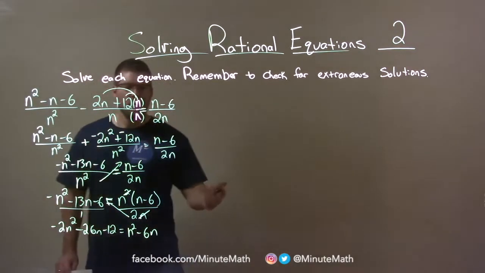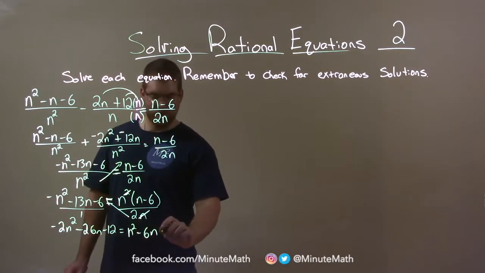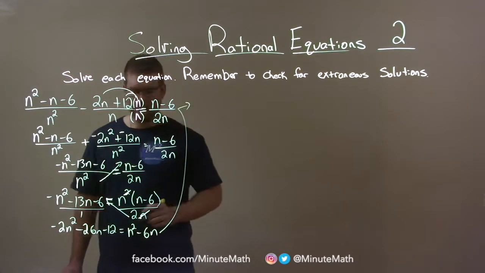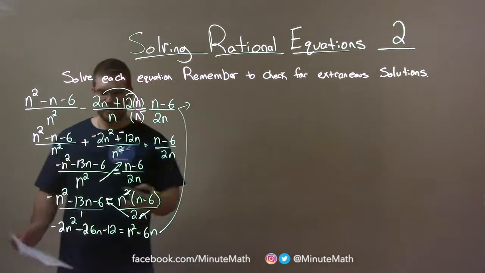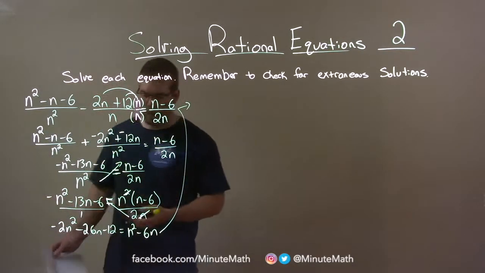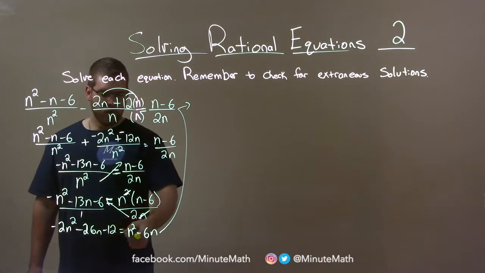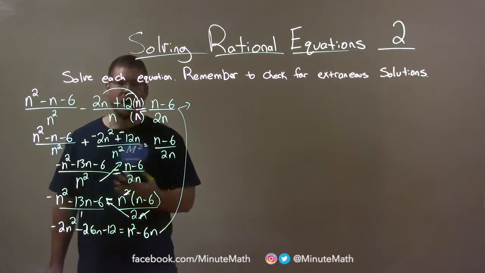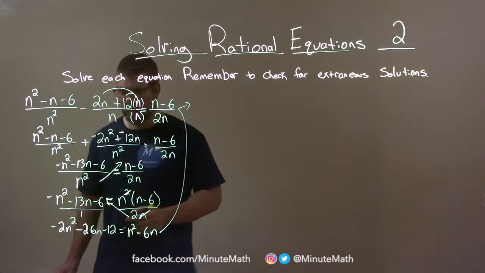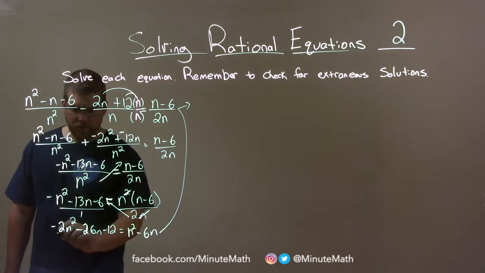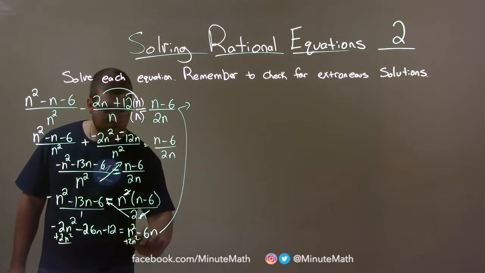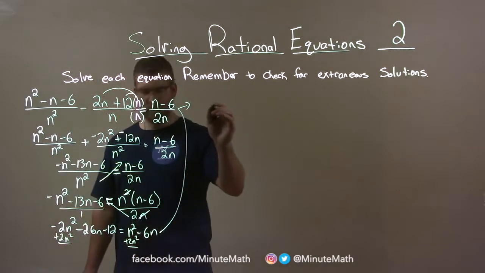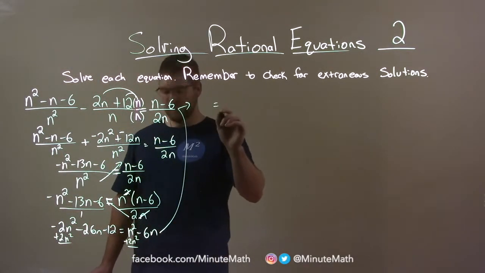Now I'm going to bring everything over to one side. I'm going to choose the right because I prefer having positive coefficients for the n squared value. So if I add 2n squared to both sides, that together will be equal to 0 at the end.